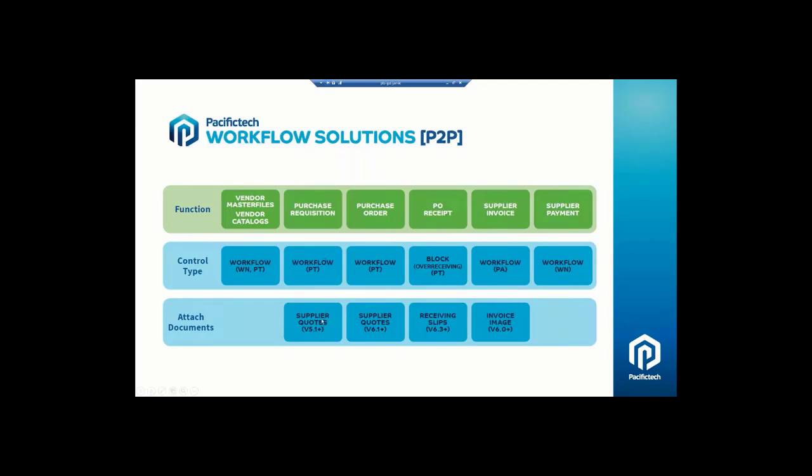What that is used for, with quotes, if the supplier sends 3 quotes for a certain requisition, you can attach each of those to the transaction within Sage. On the receiving, we can also attach receiving documents. And with payables workflow, we can attach the invoice image, and that's where you get to the whole paperless AP.